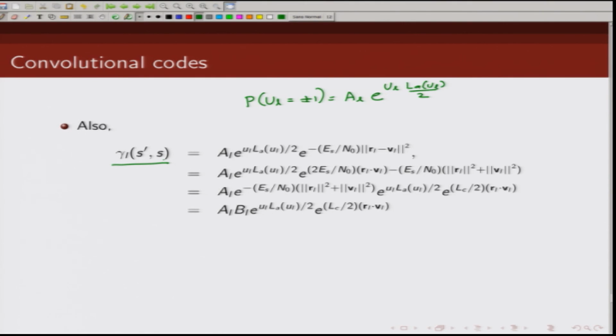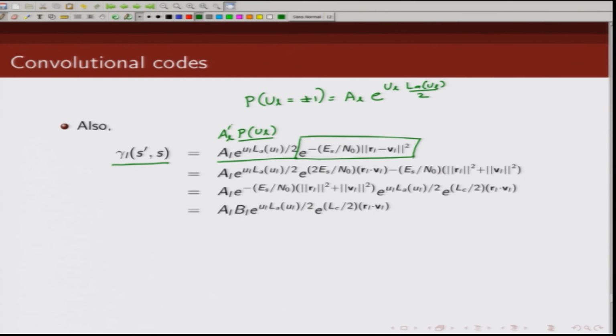Now, if you recall, we have written the expression for branch matrix as a priori probability UL, and then for AWGN channel we had this expression, and of course, there was some constant factor which did not depend on UL. So, what we did just now was we derived that this a priori probability can be written in this particular fashion. Now, let us further simplify the expression for branch matrix.